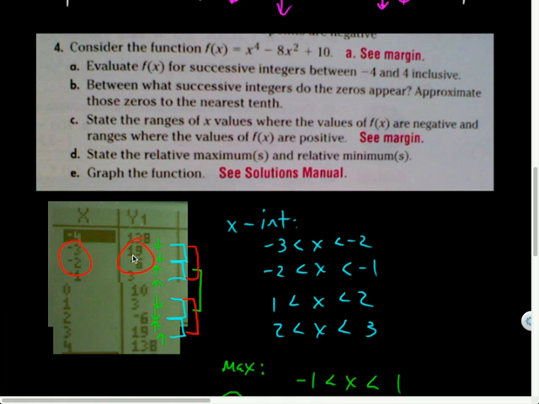Which was 0 closer to for the y value? Right, 0 is closer to the -6 on the y, so in terms of the x value, it's got to be closer to the -2. Maybe it's like -2.2, I don't know.